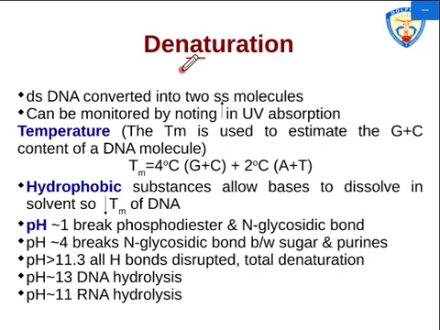DNA denaturation is the process whereby hydrogen bonds that hold two strands together weaken and finally break. The denaturation can be biologically induced and it can also be non-biologically induced. Biologically induced denaturation is at the time of replication, when the DNA strands open up and on the parent DNA strands, daughter DNA strands are synthesized.